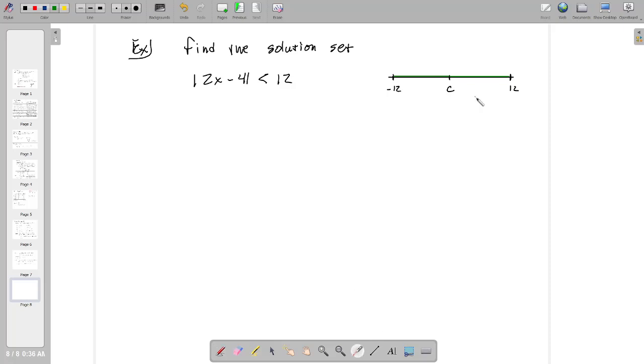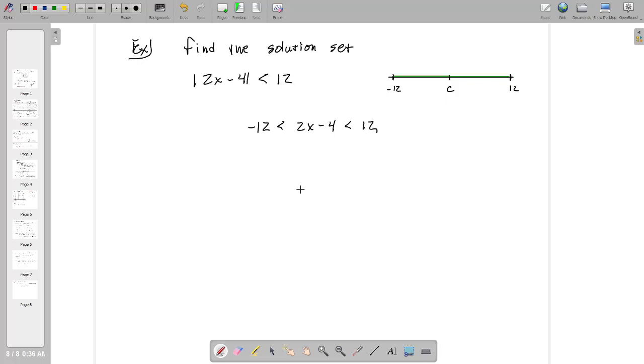So we know that our 2x minus 4 is going to be somewhere in this range. So we can say that negative 12 is less than 2x minus 4, which is less than 12, because this is the range that 2x minus 4 must fall into. It's between 12 and negative 12.